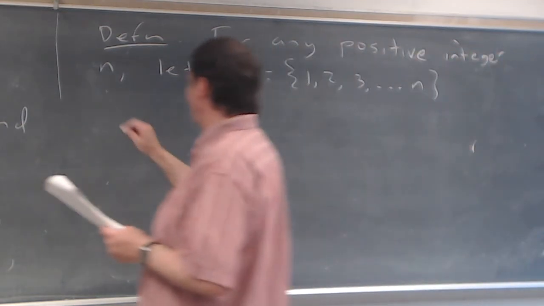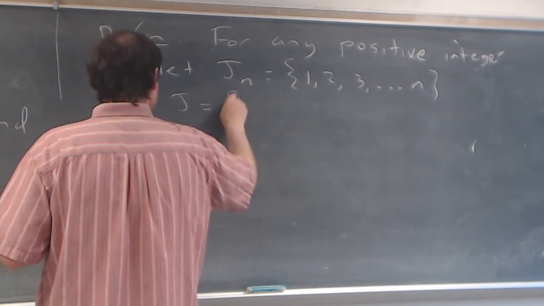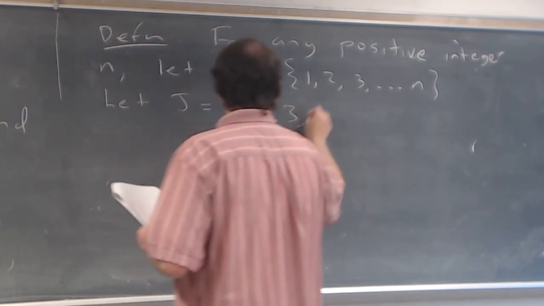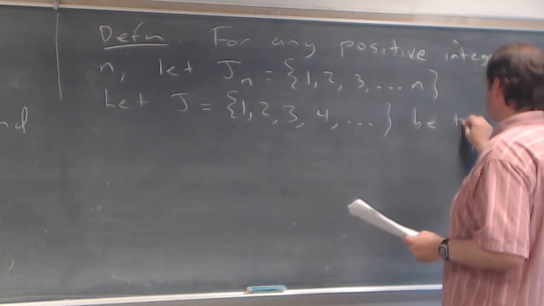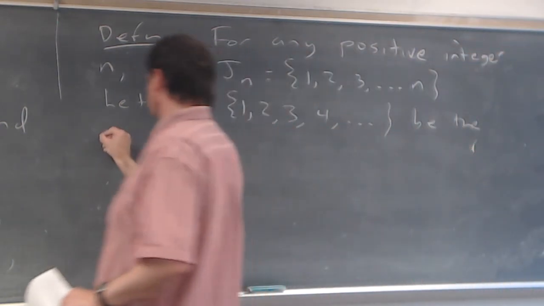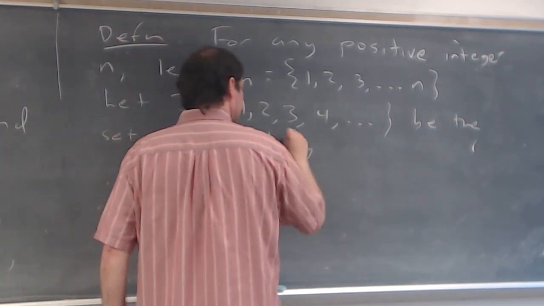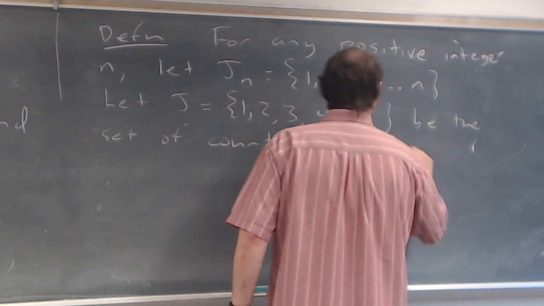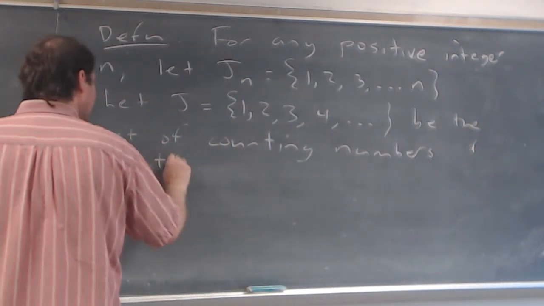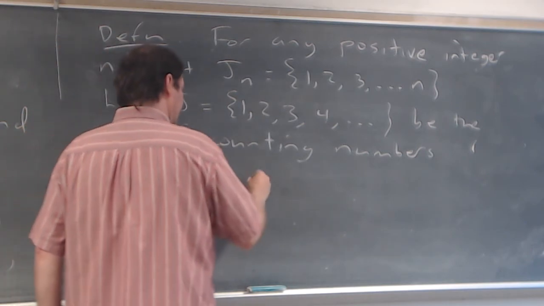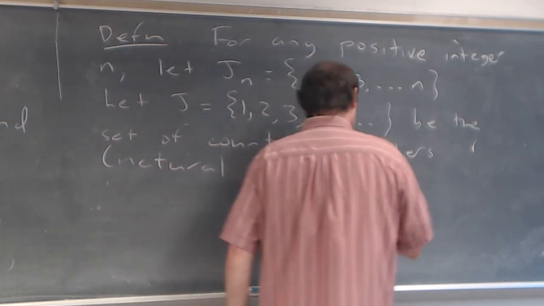Then we're going to let J be equal to the set 1, 2, 3, 4, and so on forever, the set of counting numbers. These are the natural numbers. I usually denote that by script N, but our book denotes it by J. We'll use J.